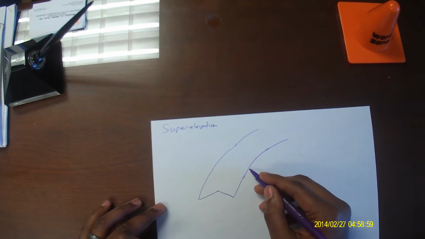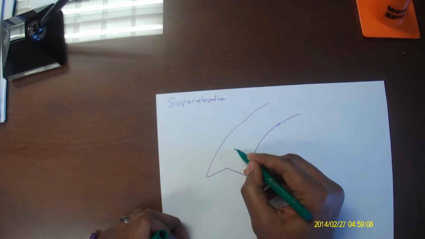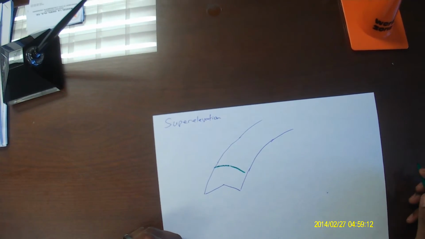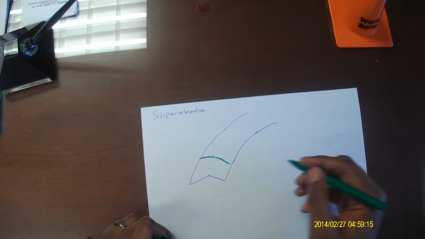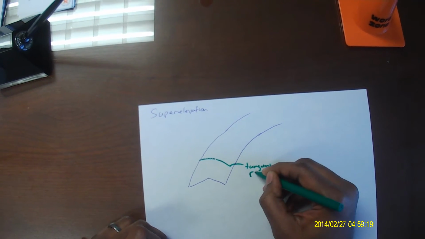At a certain distance from the cross slope that you see here, your roadway is going to basically do something like that. And we call that section right there the tangent runout.